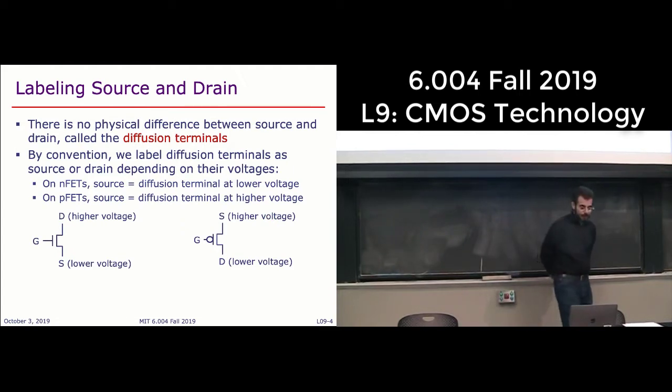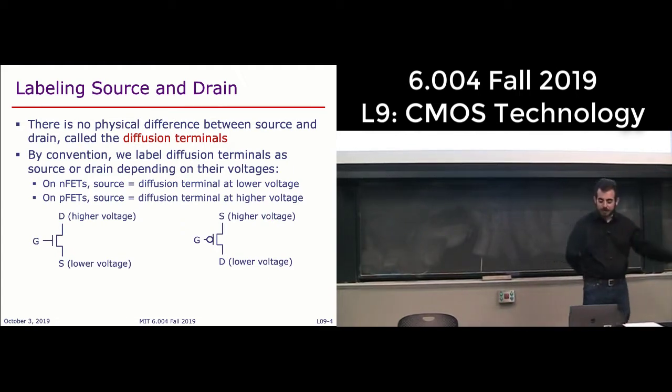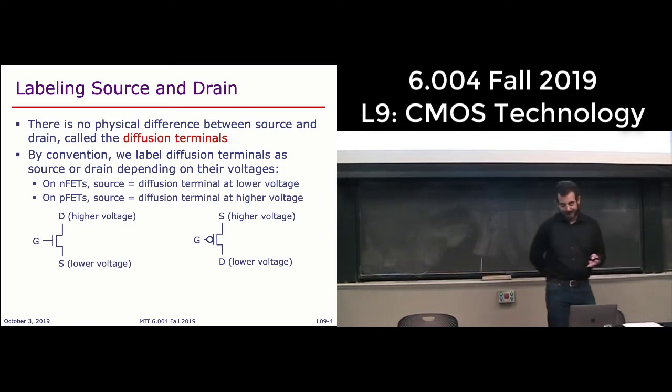If you're just thinking about why I'm adopting this convention, what we'll do is we'll draw high voltages up top, right? And then we'll just draw the ground in the bottom, and that way you can always label the source and drain following this convention.